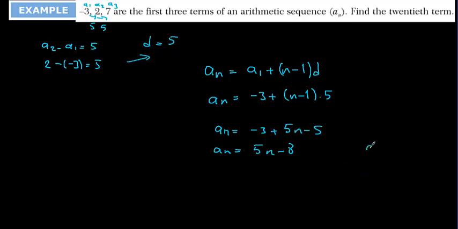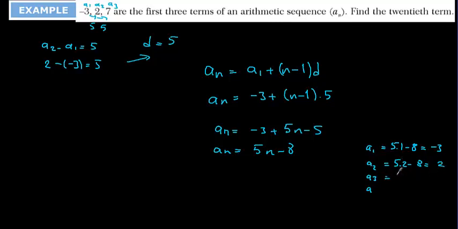And if you substitute the terms a1, a2, a3, you are going to see that we find the same terms. 5 times 1 minus 8 is equal to 5 minus 8, which is minus 3. a2 is equal to 5 times 2 minus 8, which is 10 minus 8, 2.